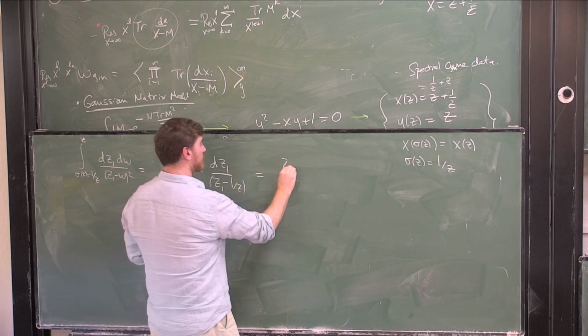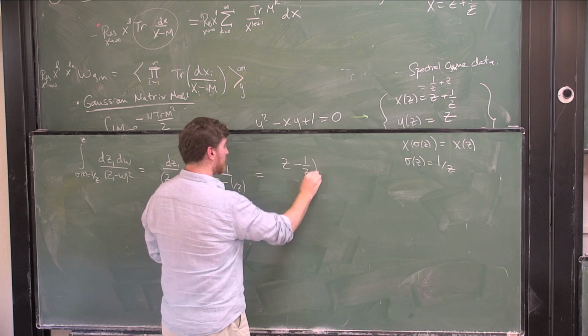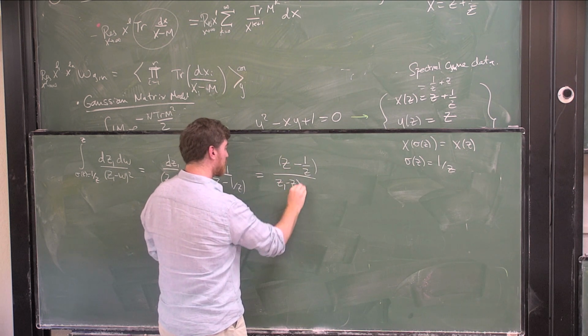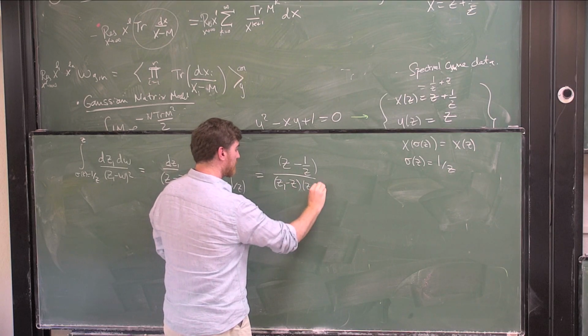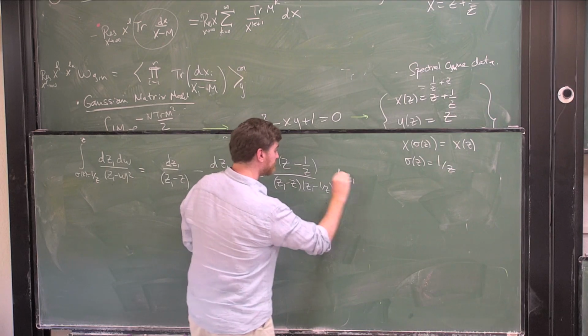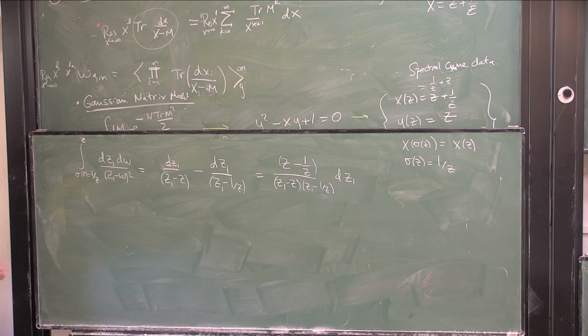So particularly this on top looks like that, over z1 minus z, z1 minus 1 over z, times dz1. Just put the two fractions together.